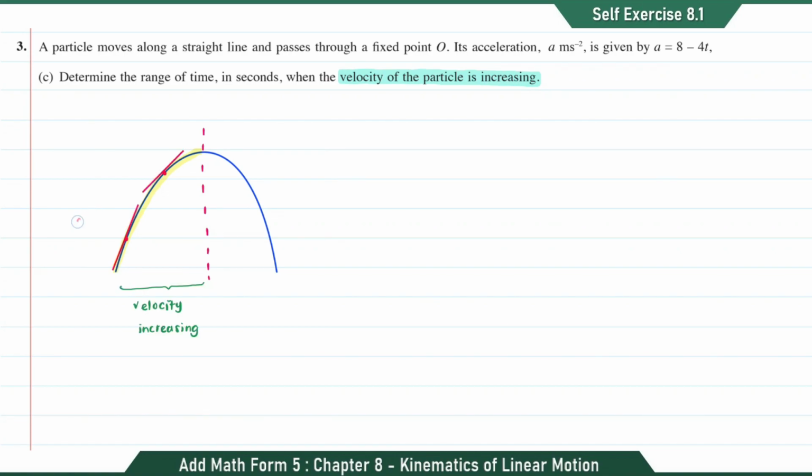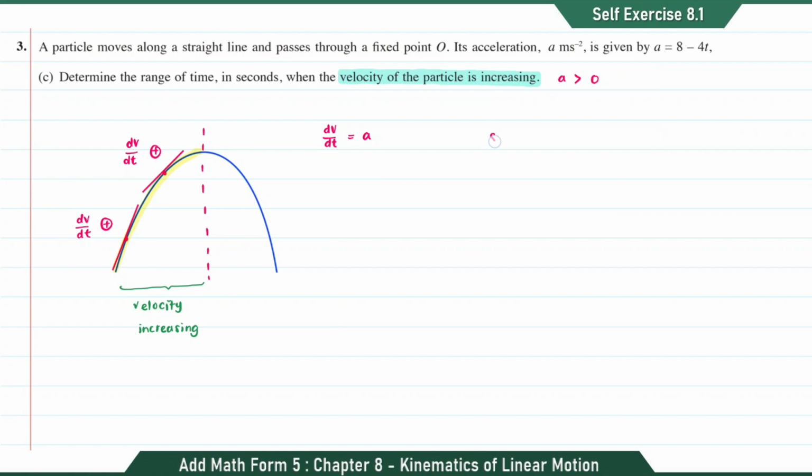The tangent of the curve, which is dv/dt, for the part when the velocity is increasing, is always positive. As dv/dt is also equal to the acceleration, we can say that a is greater than 0 when the velocity of the particle is increasing.